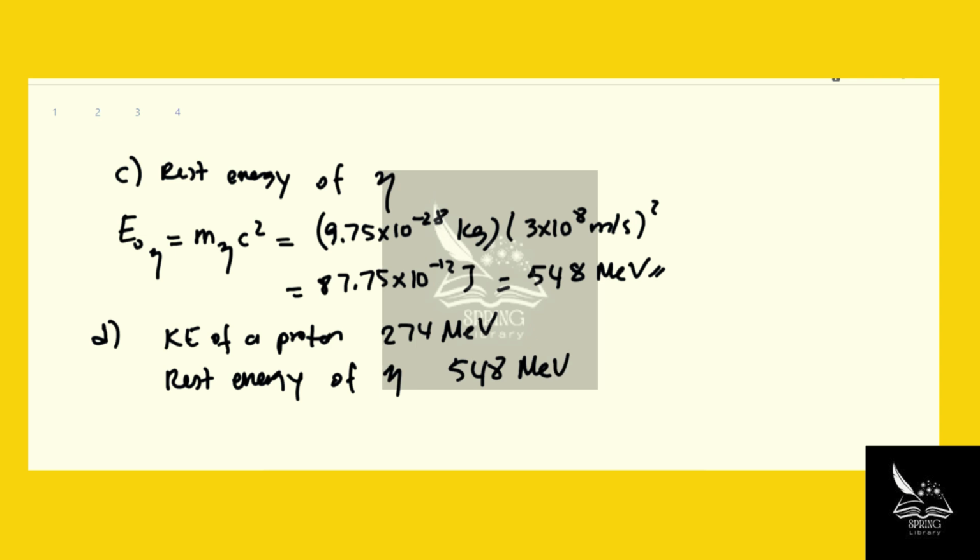Well, this tells you clearly something about the conservation of energy, right? The initial total kinetic energy was twice of this because you have two protons, and if you have 274 mega electron volts per proton, then for two protons, you actually have 548 mega electron volts, which is not a surprise. You know that the initial total kinetic energy is actually producing this new particle.